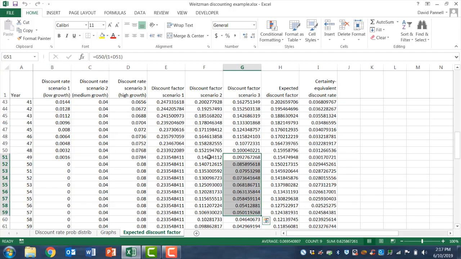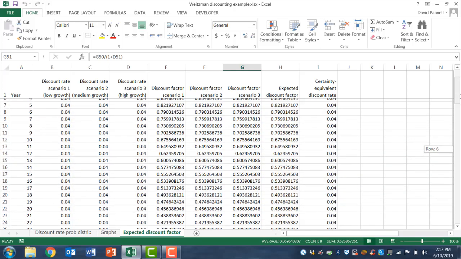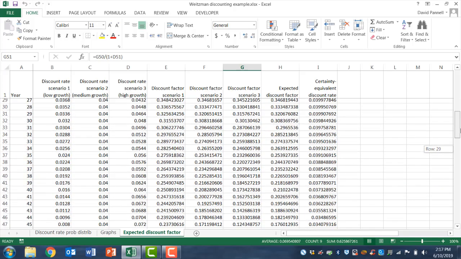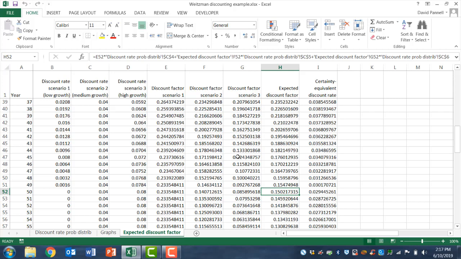The next thing that I've done here is calculated the expected discount factor, and this is the critical thing in Weitzman discounting. Let's look down here at, say, year 50. The expected discount factor is the weighted sum of the three scenarios.